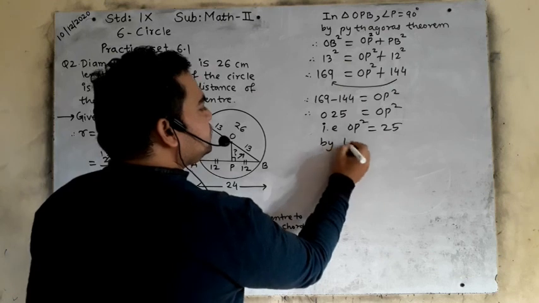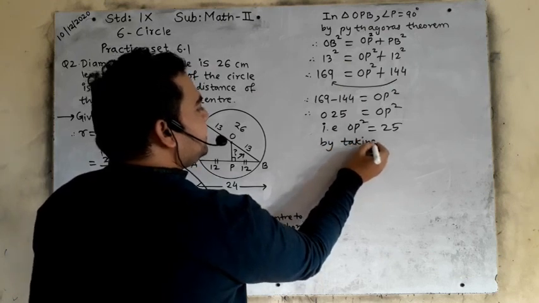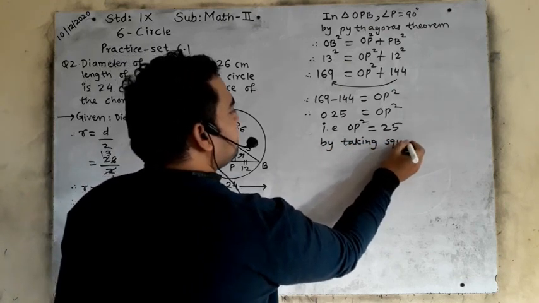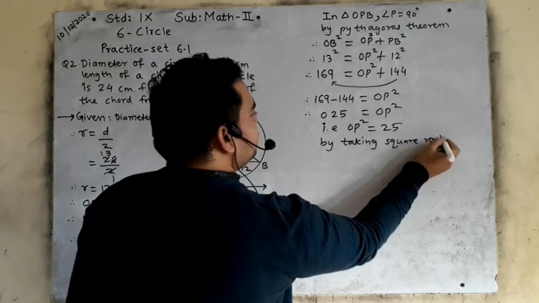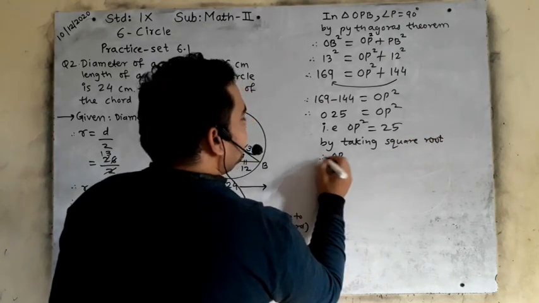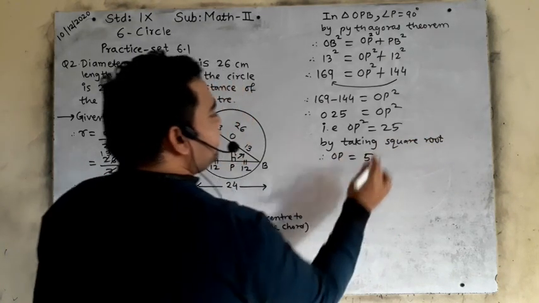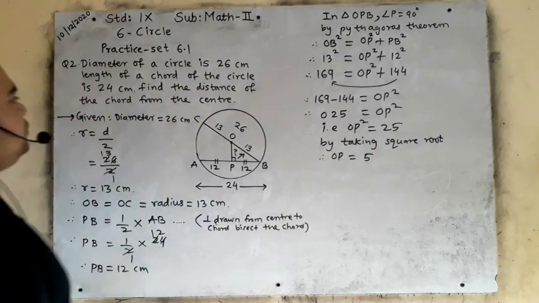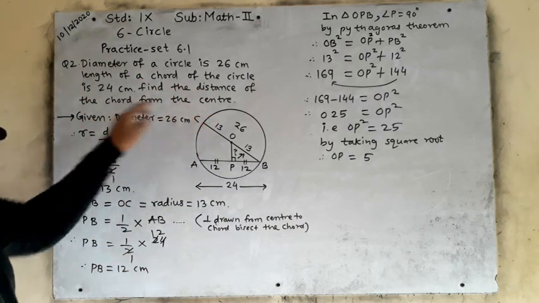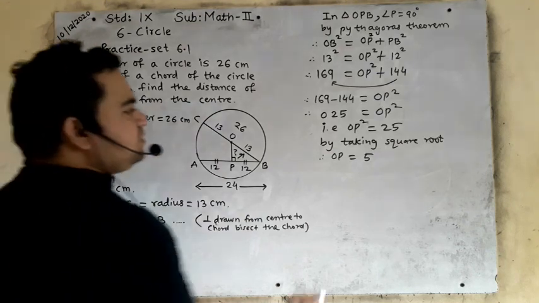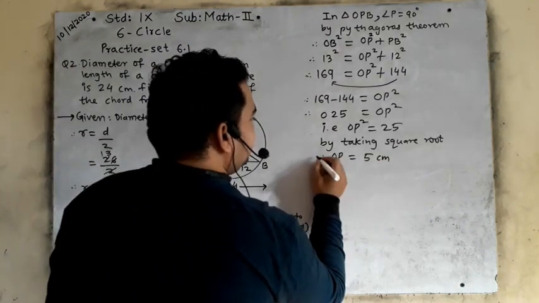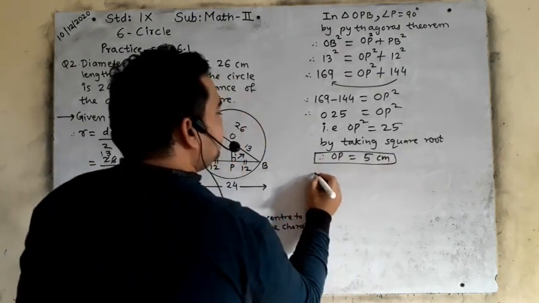By taking the square root, OP is equal to 5, as 25 is the square of 5. So we came to know the distance of the chord from the center: OP is equal to 5 centimeters. So this is the answer. Then you will write it in words.